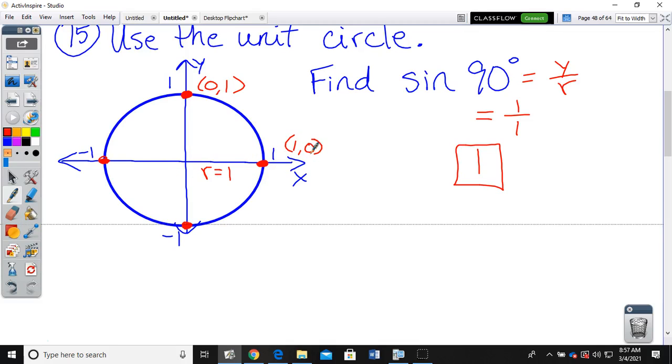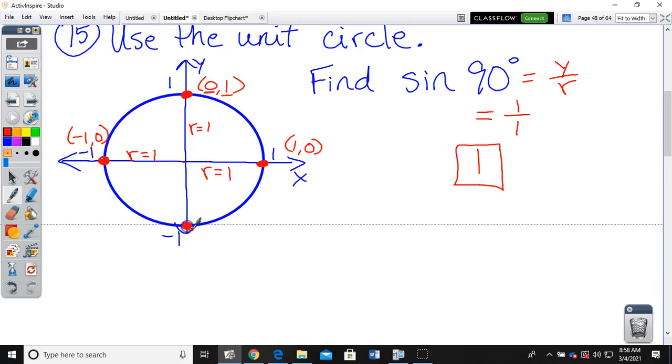This point, to get to it, I'm going from here to here. Well, the radius, again, is what? 1. So I'm going left and right, how far? None, 0. And then I go up 1. This point, r is still 1. I go left 1 and up and down how far? None. So that's -1, 0.